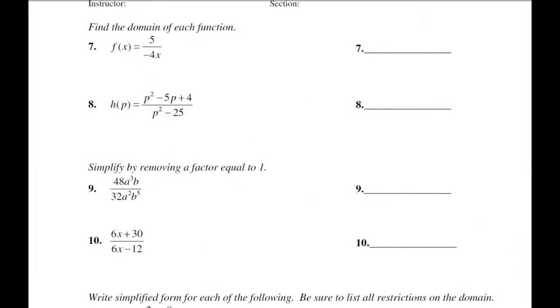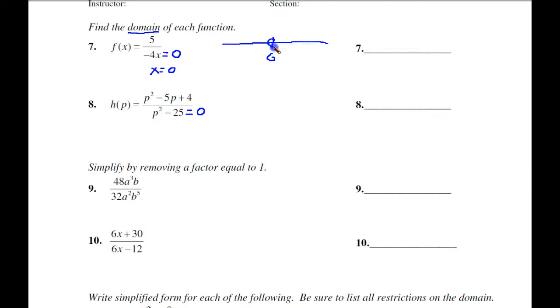Now, as we look at example 7 and 8, they want us to find the domain. So the strategy is, what would make our denominator a 0? So we just equate our denominator to 0. And here, if x is 0, then our denominator would be a 0. But any other number is good. So I think we did one like this already on a number line.